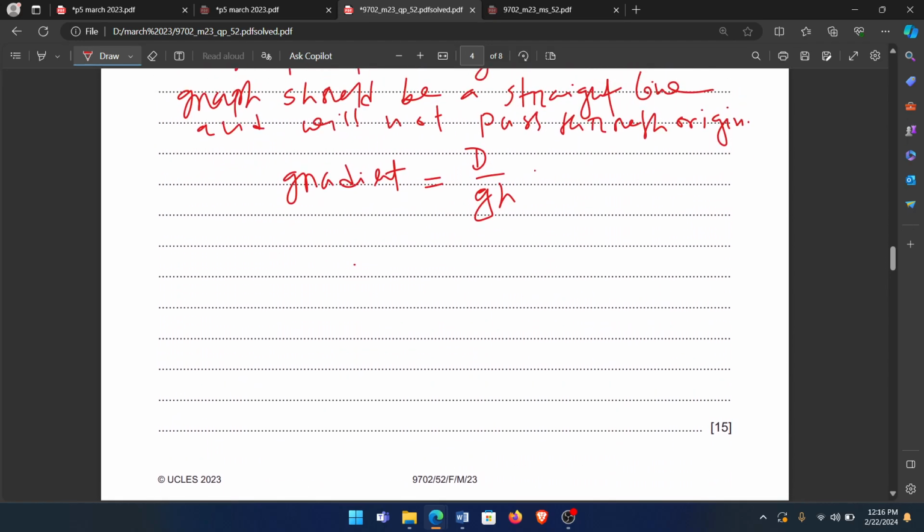So there was a question how to determine D. So write D = GH into gradient. D = GH into gradient.